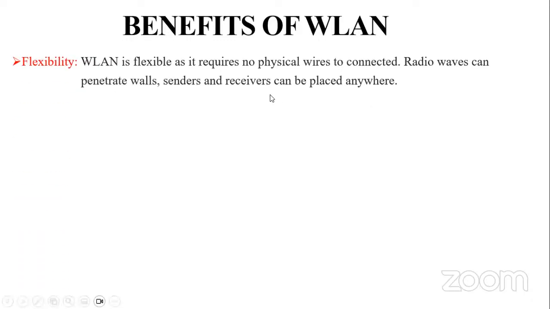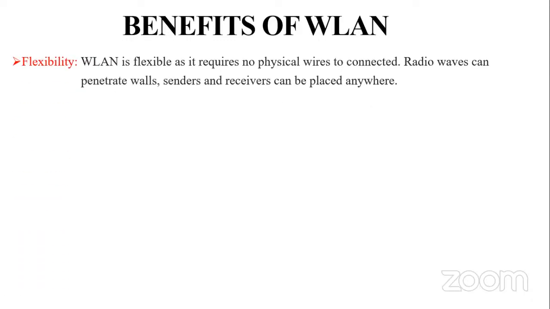To communicate from one place to another place, transmitting and receiving. Important question: benefits of wireless. Okay, sir. Any other? Okay, we will see what are those benefits of a Wi-Fi network.